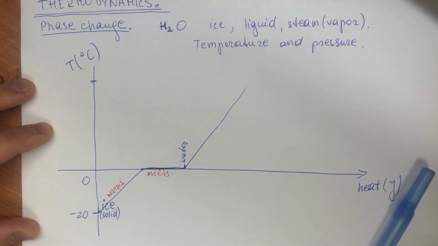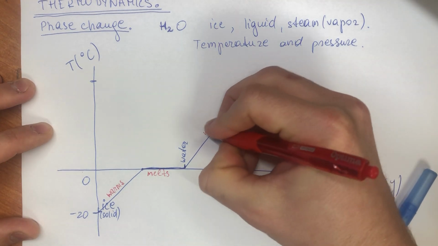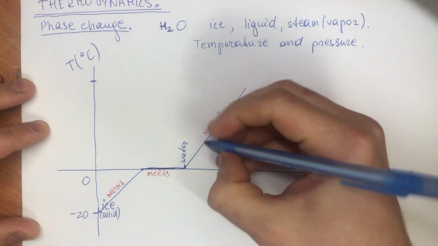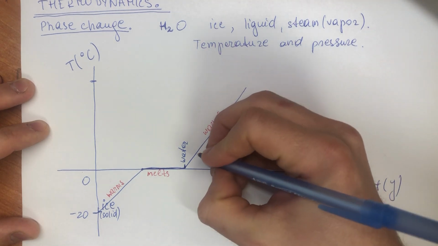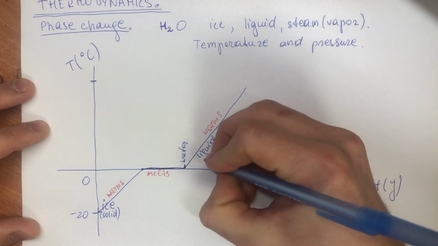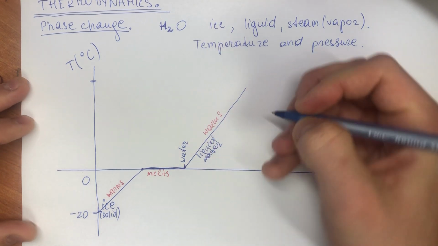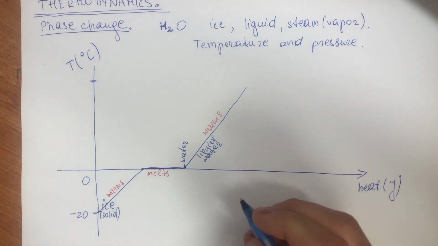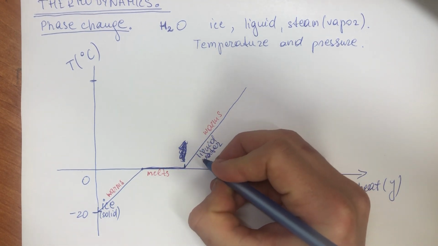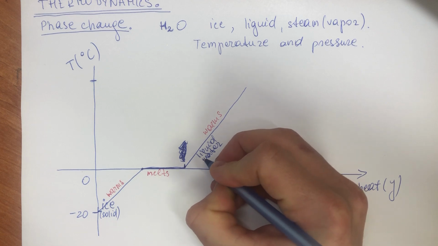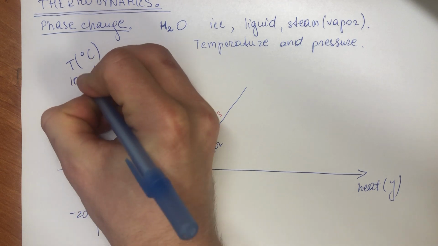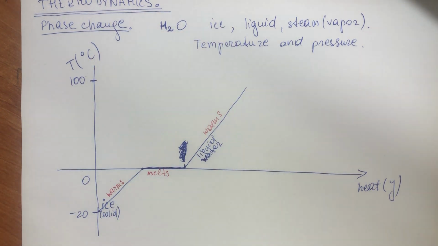So again, liquid water warms. Liquid water warms to 100 degrees Celsius.